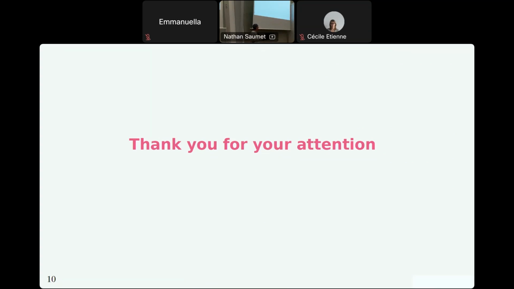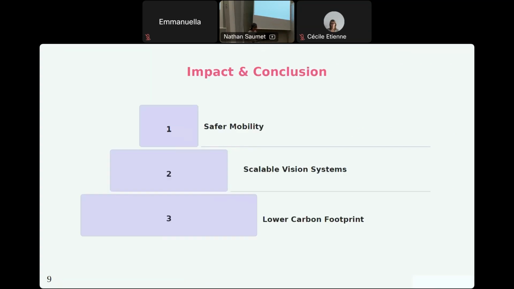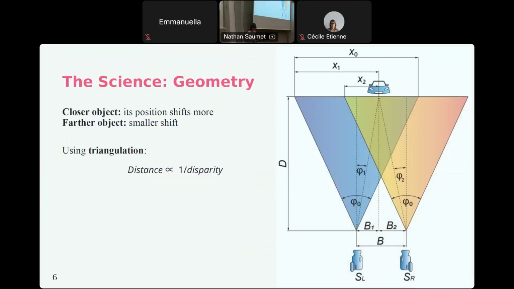Thanks for this presentation. Can you tell me how disparity relates to depth in your system? Okay, the disparity. Here you can see the relation between distance and disparity. Distance is proportional to 1 over disparity. Disparity, as I said, is the horizontal displacement between the left image and right image of the two cameras.